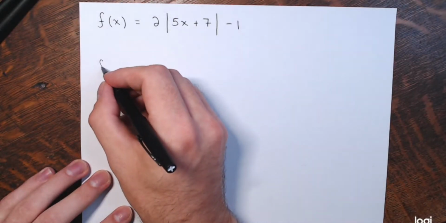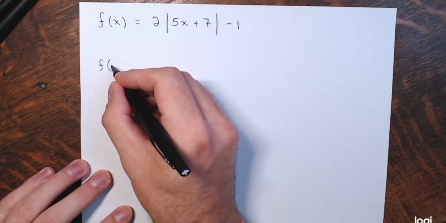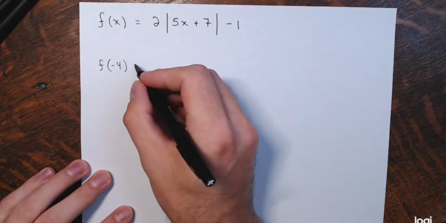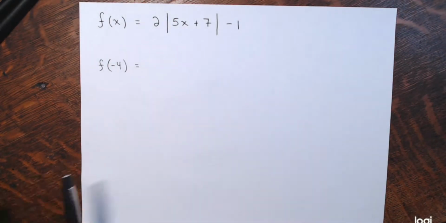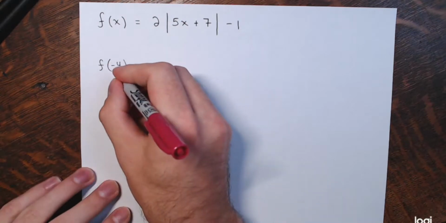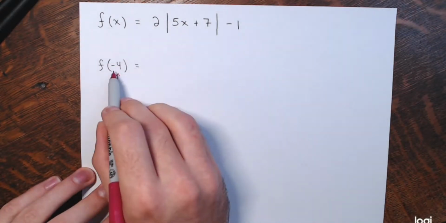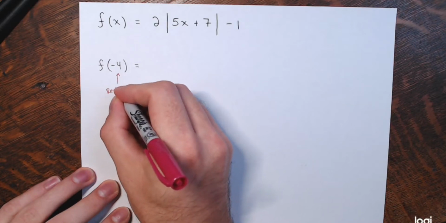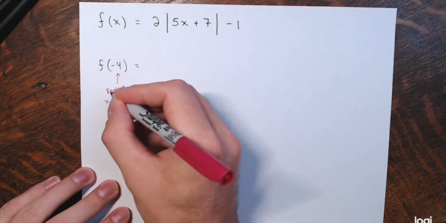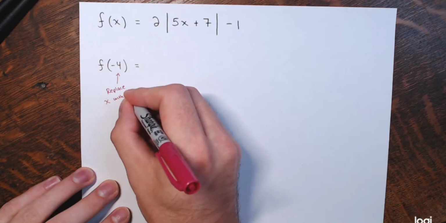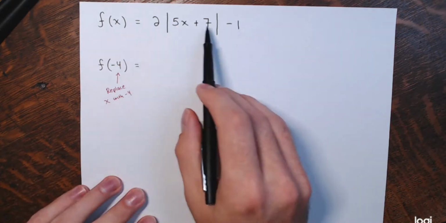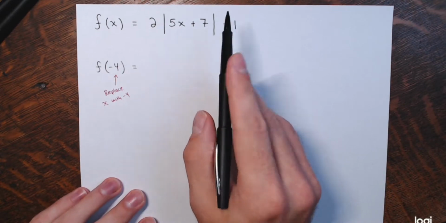So we're asked to find the value of f at an input of -4, or f of -4. Just like in the last example, this -4 in the parentheses tells me to replace x, my input variable, with -4 anywhere I see an x. And then on the other side, I'm just going to follow this rule, and this is how the output is calculated.